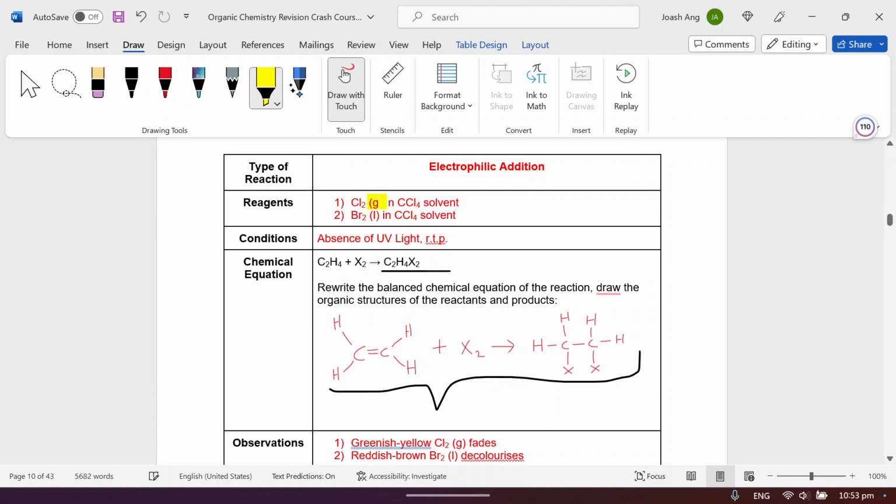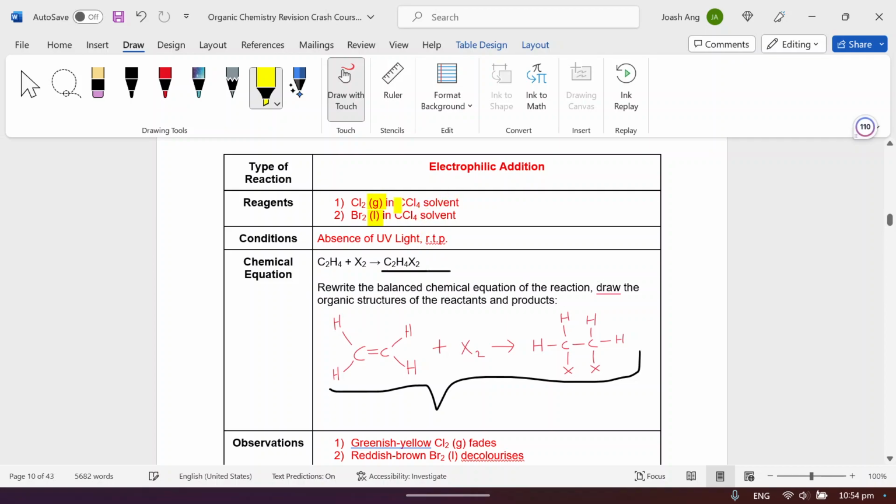You can see that chlorine is in gaseous phase because at standard state, or room temperature, chlorine exists as a gas and bromine exists as a liquid under standard condition.